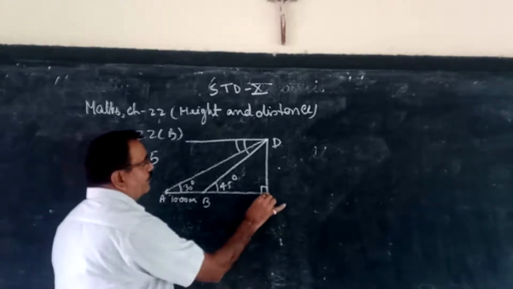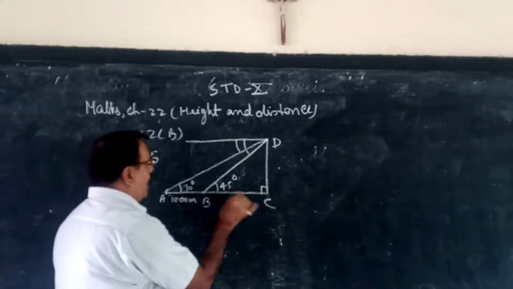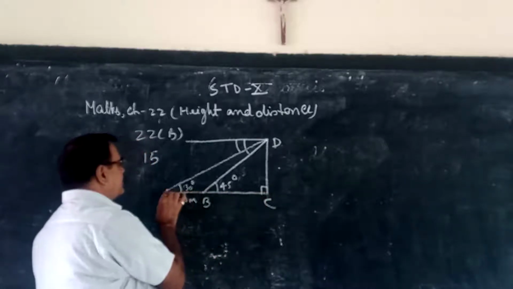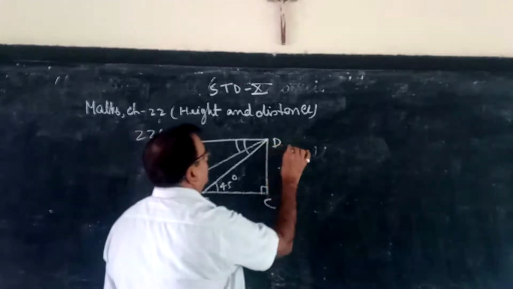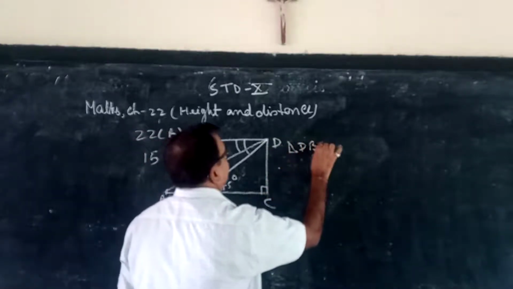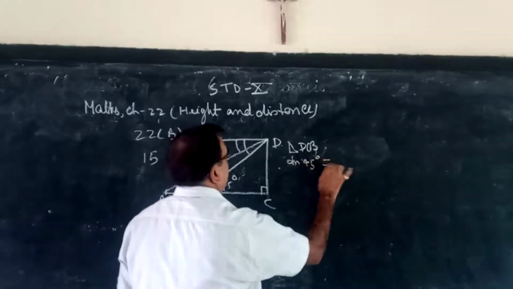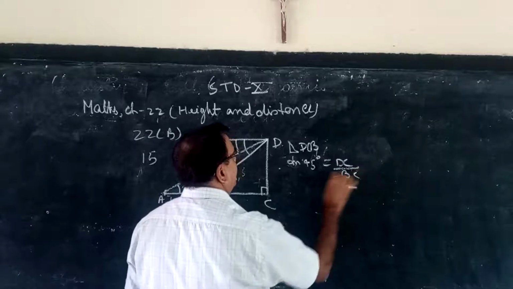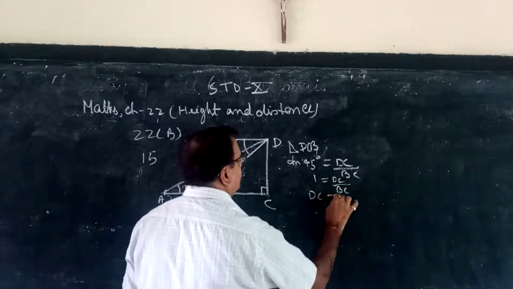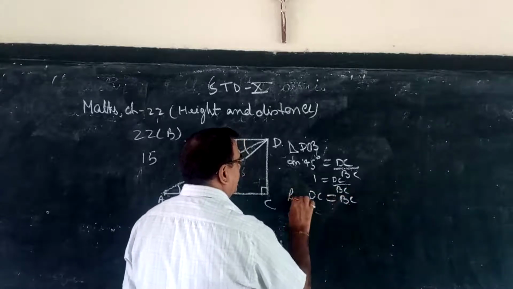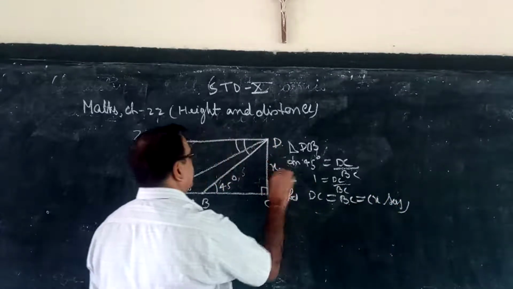Once again, from the foot of the hill, from C we have to find the distance of B, and from the foot C we have to find the distance of A. So now two right angle triangles. In triangle DCB, tan 45 is DC by BC, and tan 45 is 1, so DC is equal to BC. Let both be equal to X, say. So this is X, this is also X.